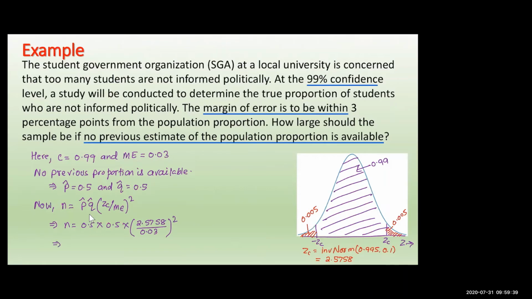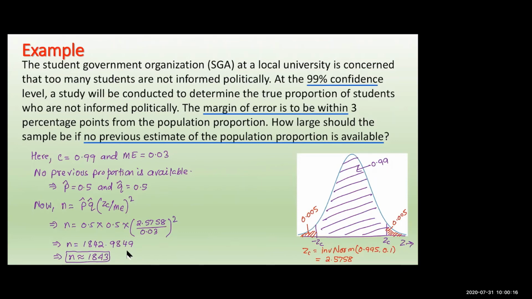If we simplify this using a calculator, the result is 1842.9849. It's more than 1842, so it will be 1843. So N is 1843. That is the sample size.